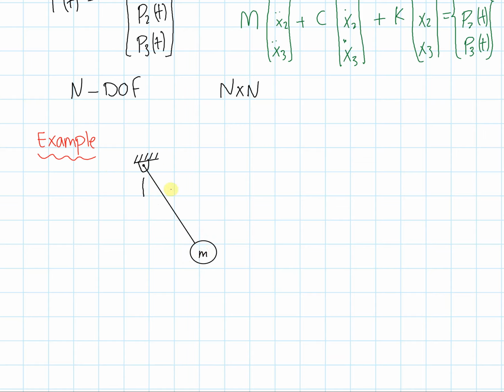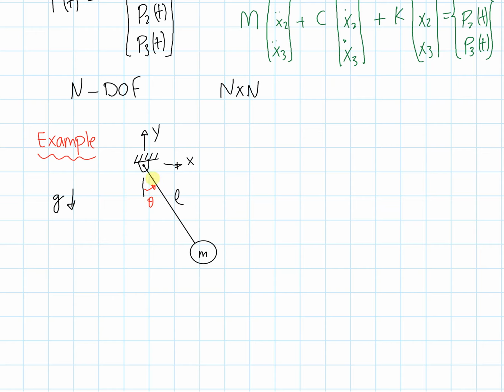This arm, the pendulum arm, has a length L. We've got the coordinate systems x and y, and we've got the gravitational pull going down with a magnitude of g, and we've got this degree of freedom, which we're going to call theta.